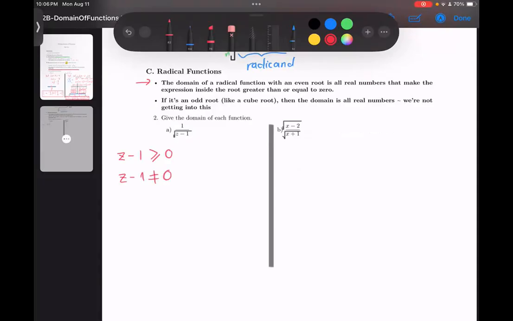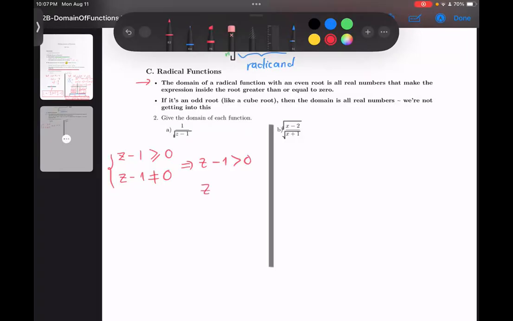If you combine these two, z minus 1 has to be exclusively greater than 0. Does it make sense? The square root says you can be 0, but because the radical is in the denominator, it cannot be 0. Combining those two, it has to be exclusively greater than 0.